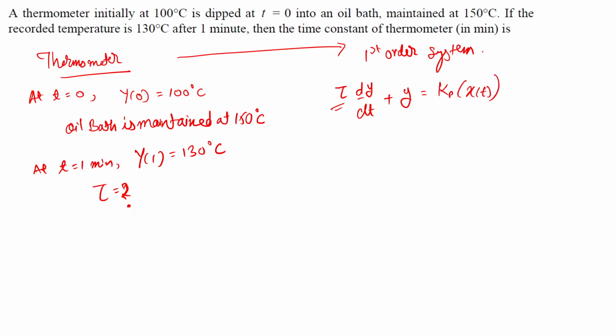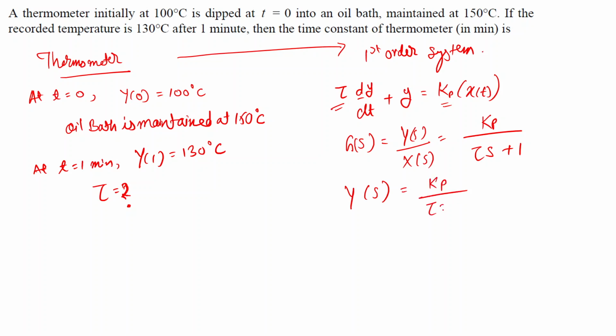So tau is the time constant, y is the output, x is the process input, and Kp is the process gain. And if we write this in terms of the transfer function of the thermometer, G of s, which is y of s upon x of s, that is output upon input, is equal to, for first order system, Kp upon tau s plus 1.